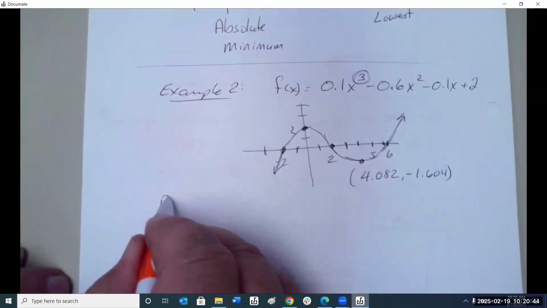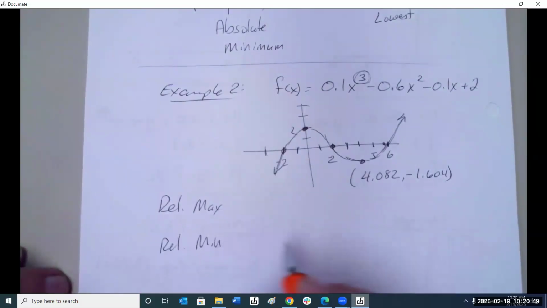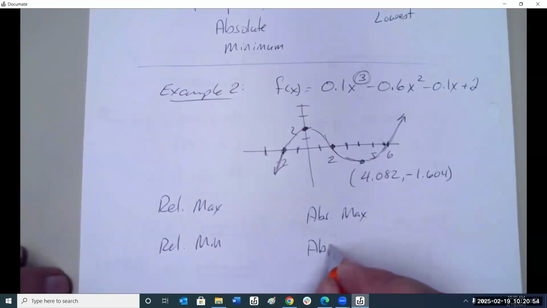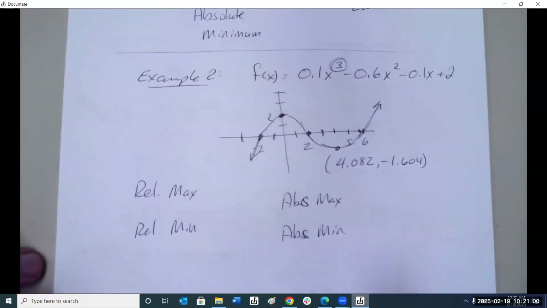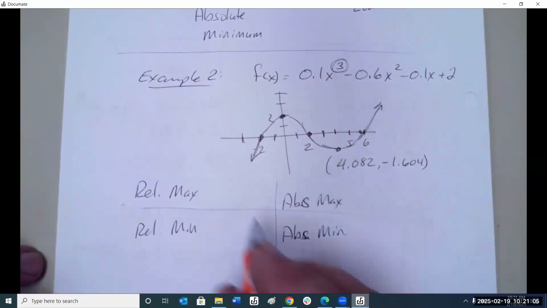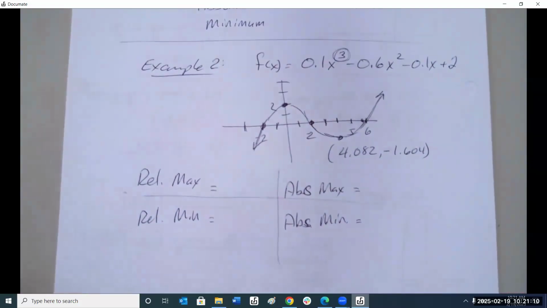So give me my relative max, relative min, absolute max, absolute min. So do we have a relative maximum?